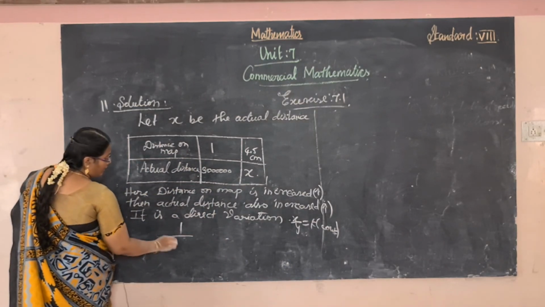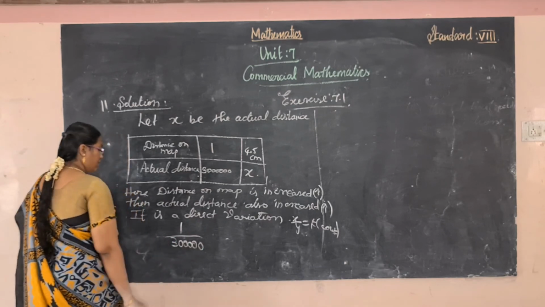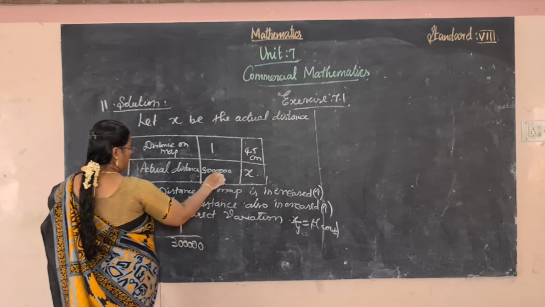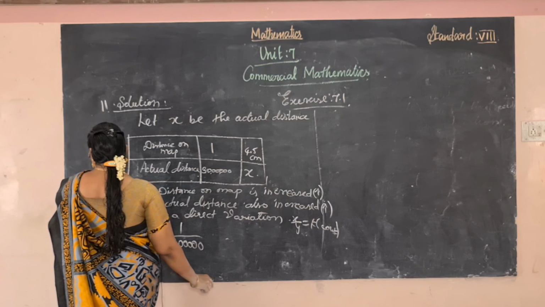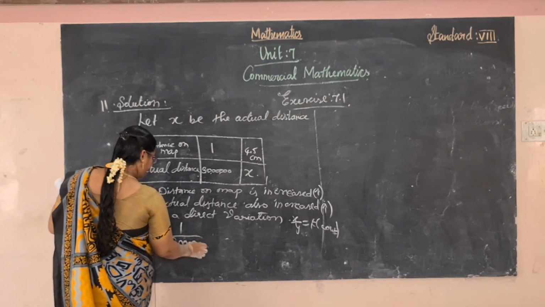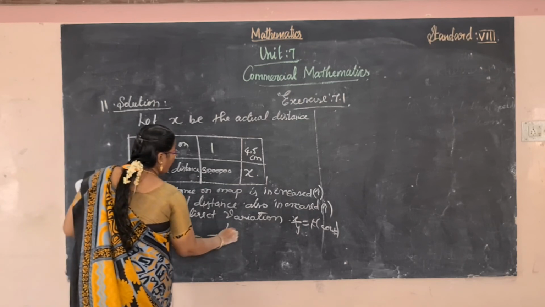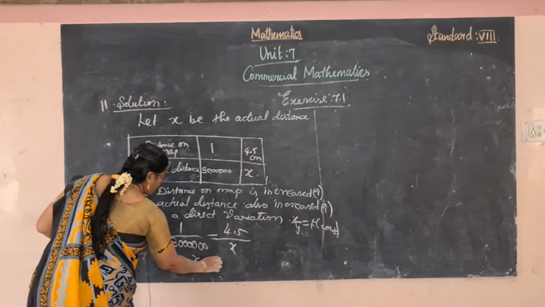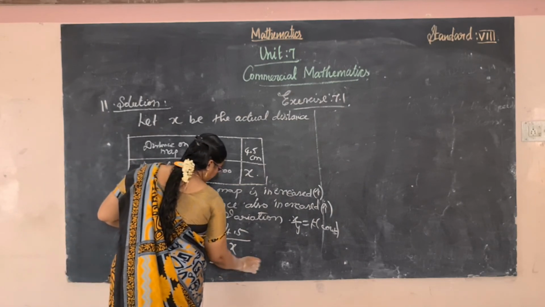So 1 by 30 lakh is given. 1 by 30 lakh is equal to 4.5 by x. So just cross multiply 4.5 into 30 lakh.